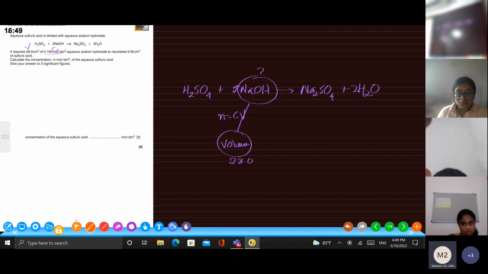What do they ask at the end? Calculate the concentration of sulfuric acid. So they are asking something about sulfuric acid. Again, the circle I draw on the symbol in the equation is not concentration or volume. It's merely moles. I draw the circle for moles.